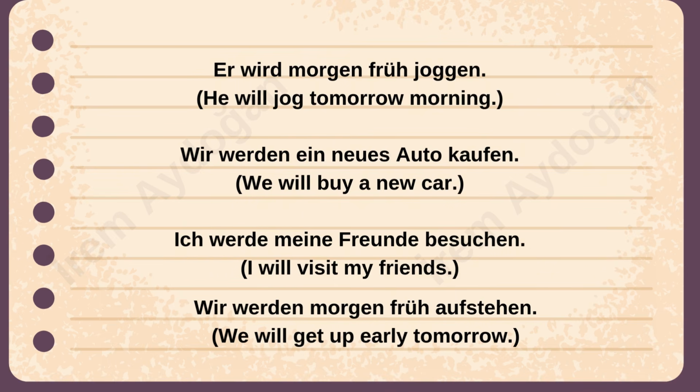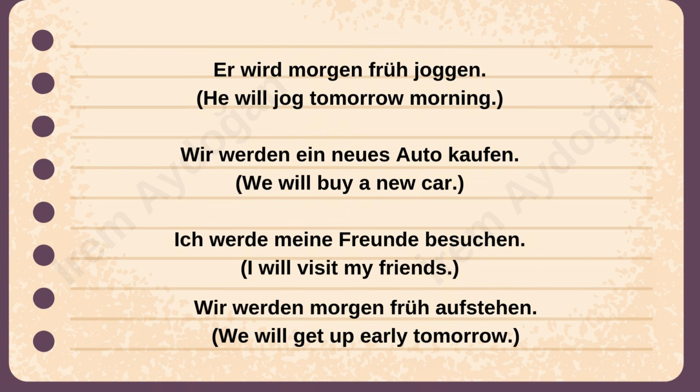And the next one: Wir werden ein neues Auto kaufen. It means we will buy a new car. We, wir; will, werden; a new car, ein neues Auto; buy, kaufen.